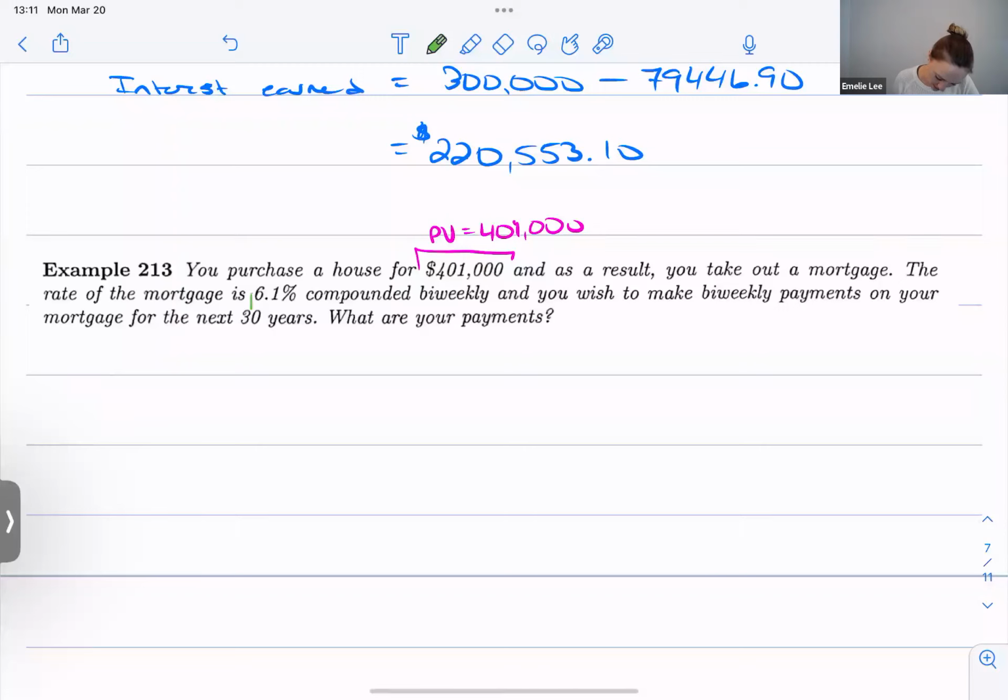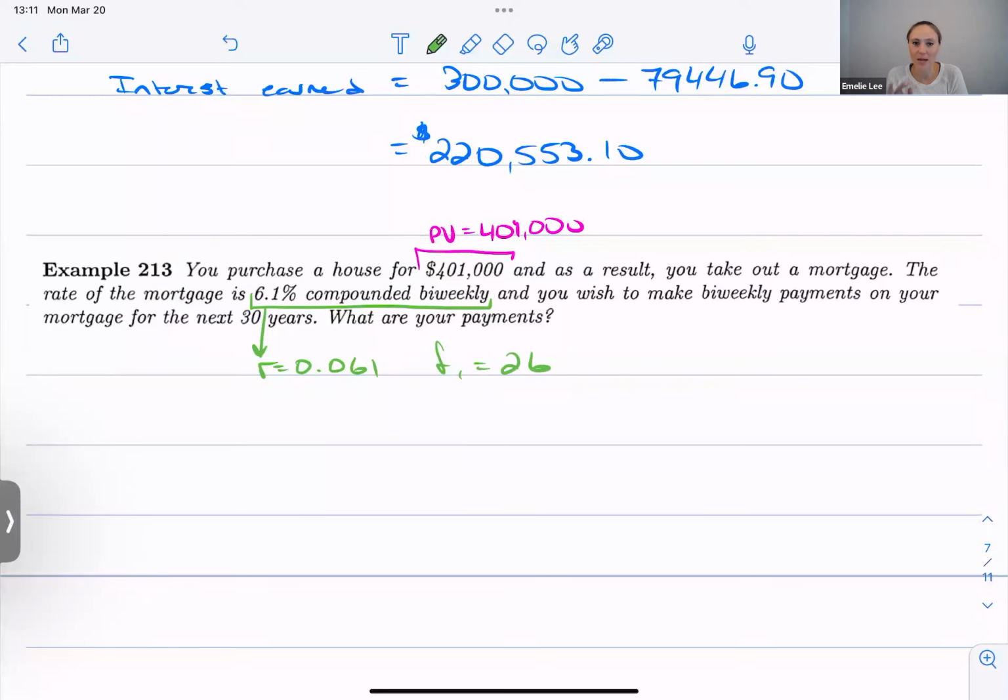So the rate is 0.061 and F1 is, remember, bi-weekly is 26 times per year. That was one of those that's not as common that you might have to memorize or have written down somewhere.